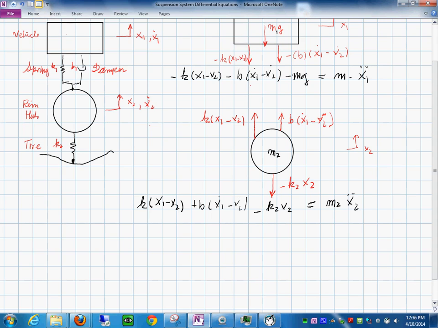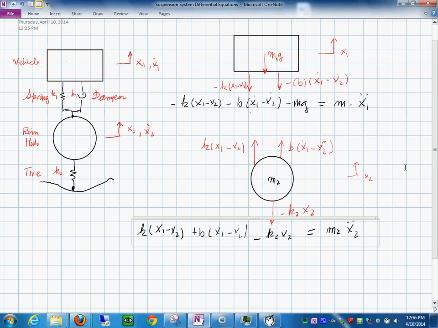We need to get these two equations in summation form and then define what the inputs and the outputs are. But in this case, I'll just do it from the very first one.